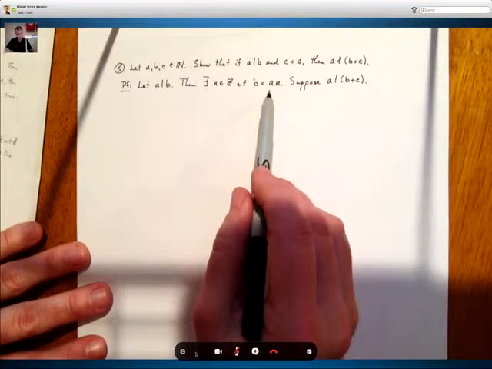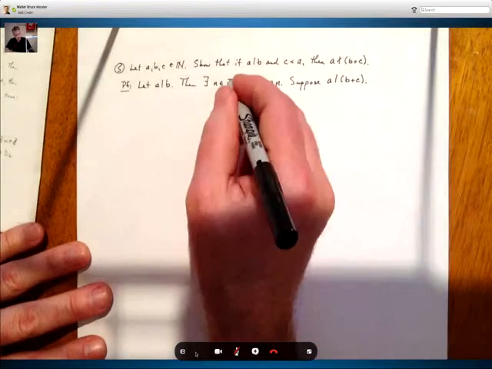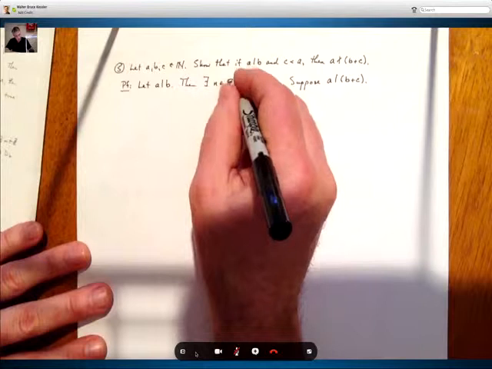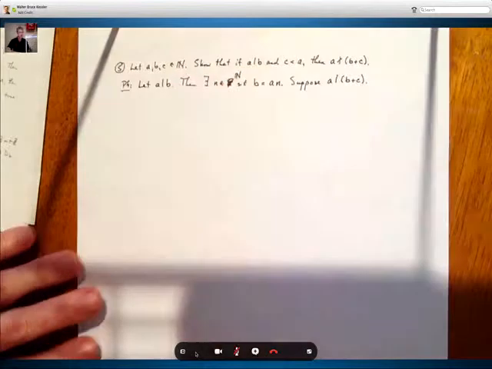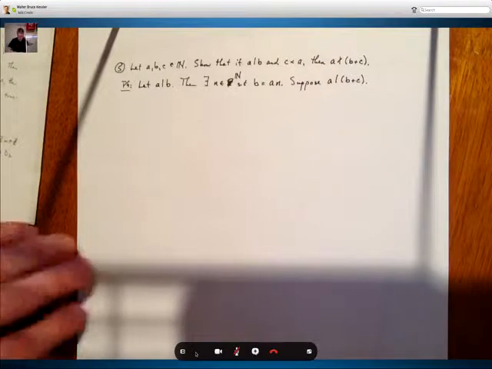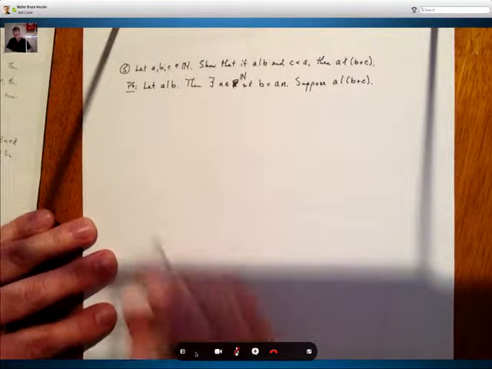So I don't have to worry about B being negative, A being negative. I could actually choose my N here as a natural number, which is fine. The natural numbers are a subset of the integers, so that's fine. It becomes a little important here because we don't want to have to deal with negatives throughout this.